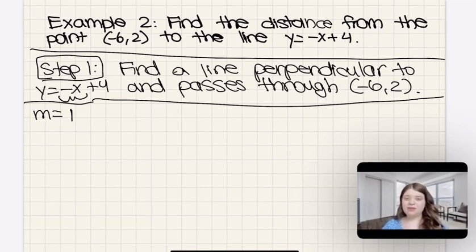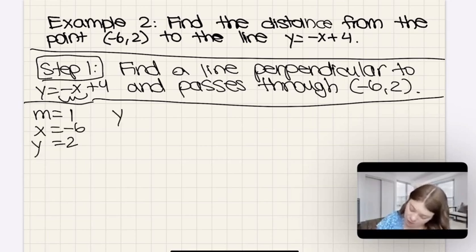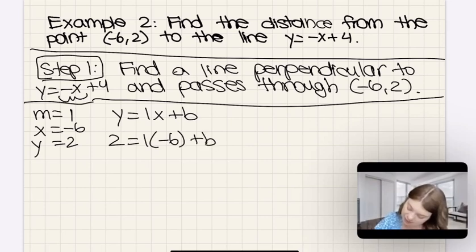And then the point we're trying to pass through is x equals -6 and y equals 2. So y is equal to 1x plus b. Let's plug in x and y. 2 is equal to 1 times -6 plus b. Therefore, b is equal to 8.